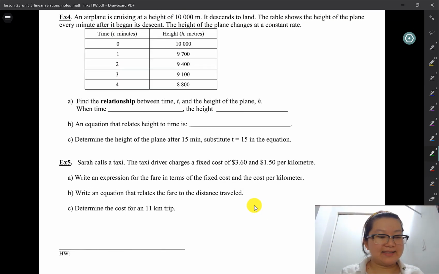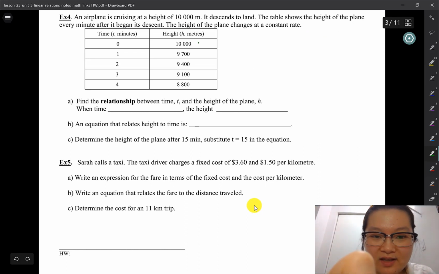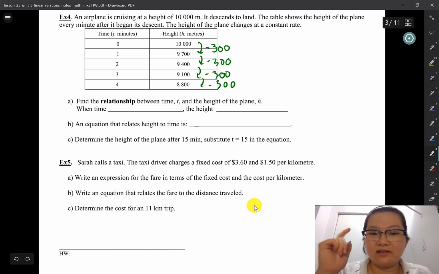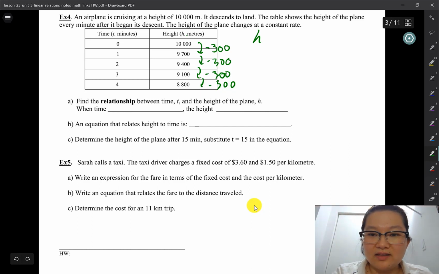Okay, so let's do this one together. So let's figure out the pattern. From 10,000 to 9,700, looks like I have to subtract 300. Again, subtracting 300. And that's it. Okay, our pattern. Remember, we want h to relate to t. So I have h here as our final answer, and this is equal to something we do with t.